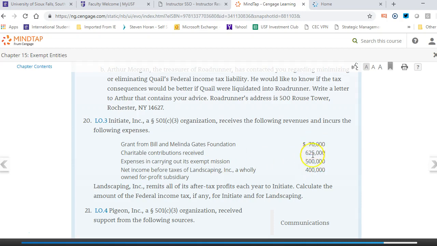That's all good. They're allowed to do that. There's no tax consequences for the first three items. The last item, though, Landscaping Inc., wholly owned for-profit sub, that's taxable. So $400,000 times 21% would be the tax bill, $84,000. So 400 minus 84, that difference could then be distributed back to Initiate to help support its mission and fund operations.